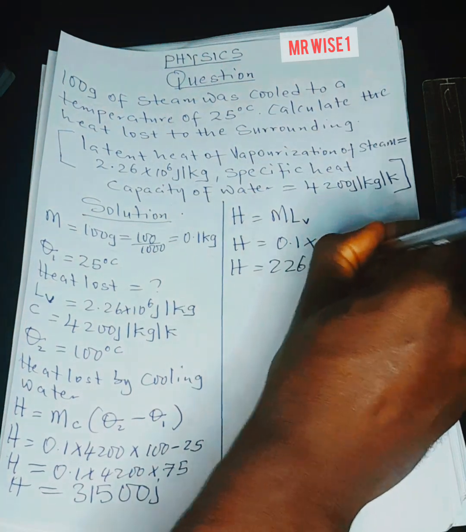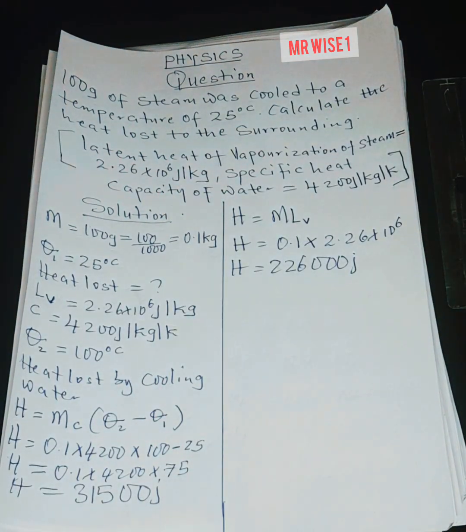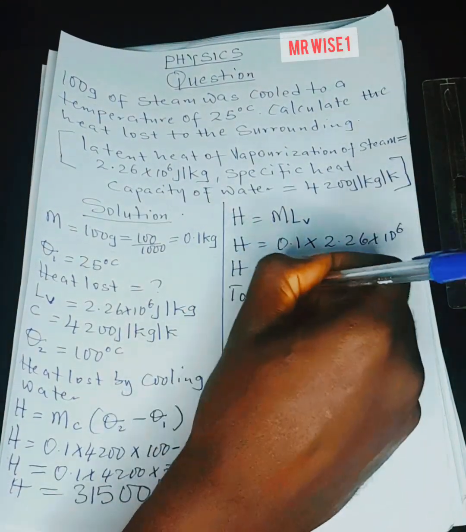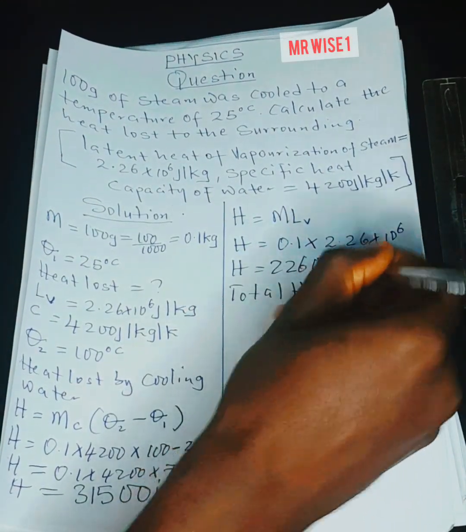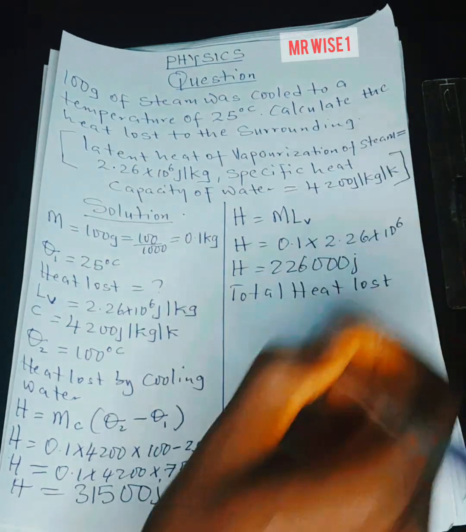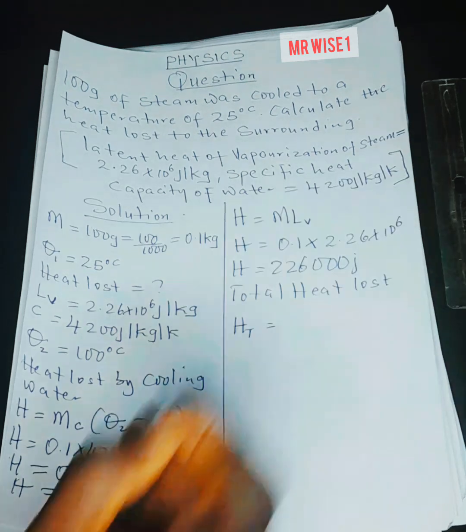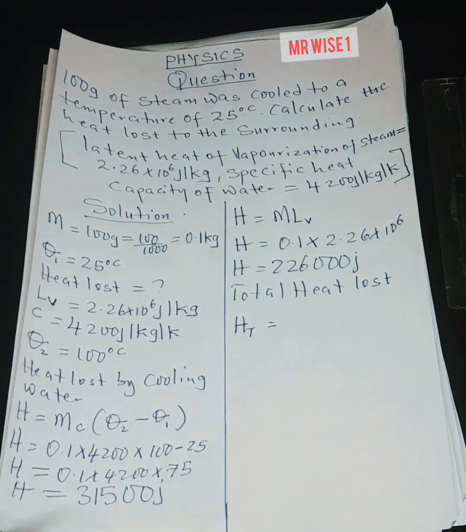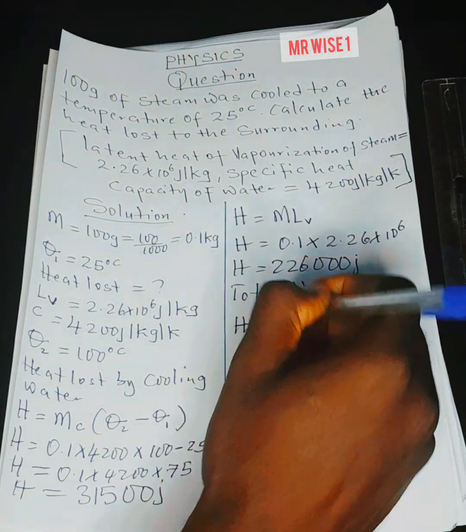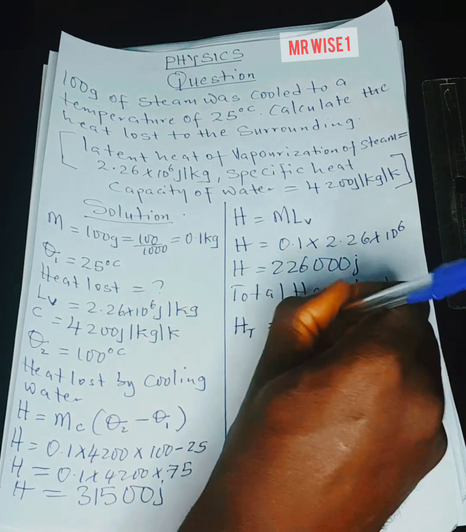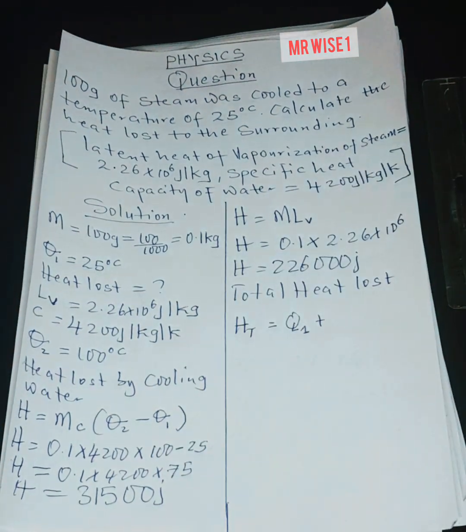226,000 joule. Okay, so the next thing I need to look at is my total heat lost. So my total heat lost, HT, is equal to the heat lost by cooling water as Q1, plus the heat lost by latent heat of evaporation of steam as Q2.